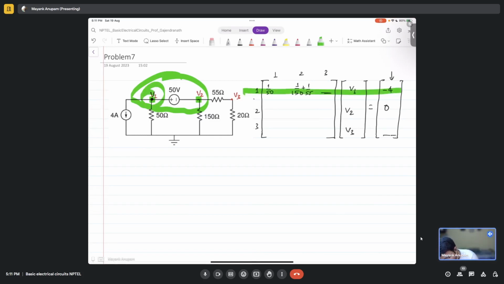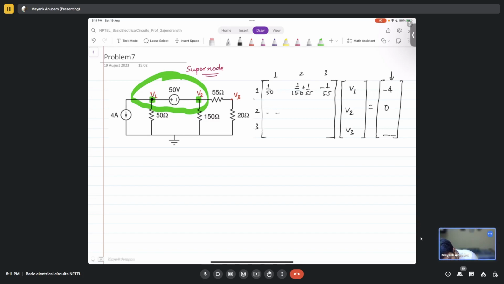Since we have collapsed node V1 and V2 into a super node, the first row basically corresponds to the super node containing both V1 and V2. So in the third column we will indeed have an entry here. And what will that be? Equal to minus 1 over 5. Yes, fine.